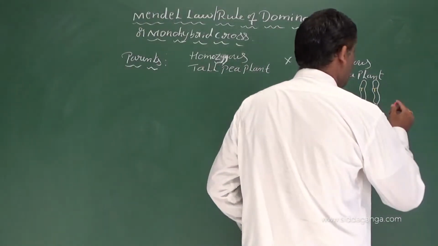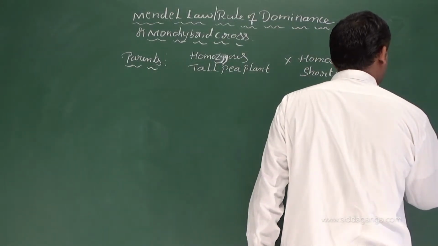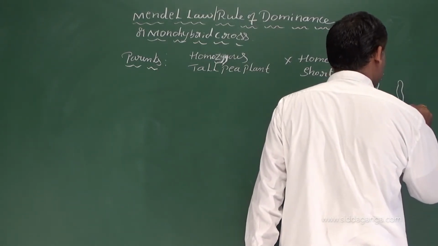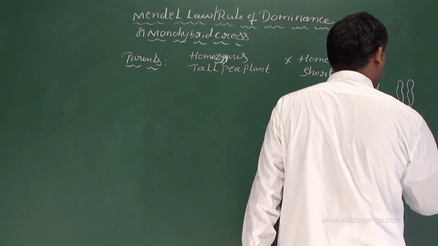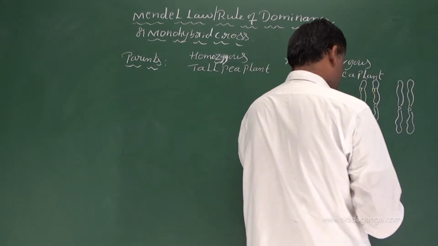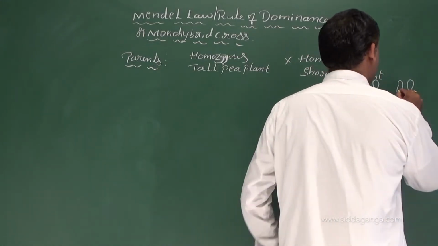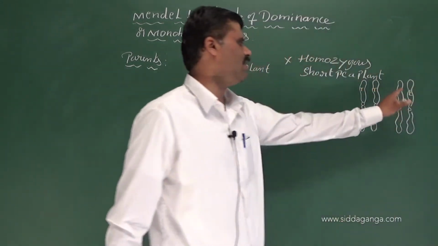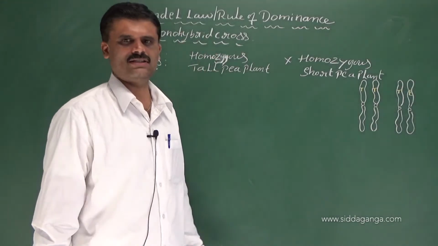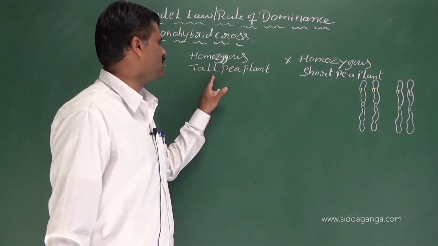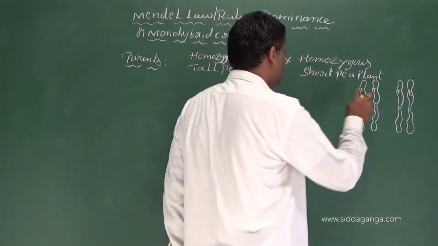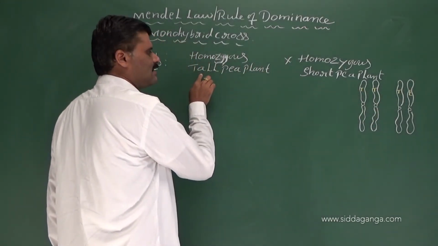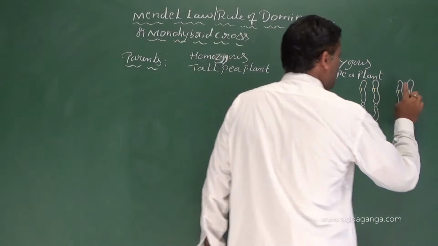If the two homologous chromosomes contain two separate or dissimilar genes, that is one is tall and one is short, then it is called as heterozygous. Here homozygous tall pea plant means the paired genes are similar, that is the paired genes showing the character that is tall. Okay.